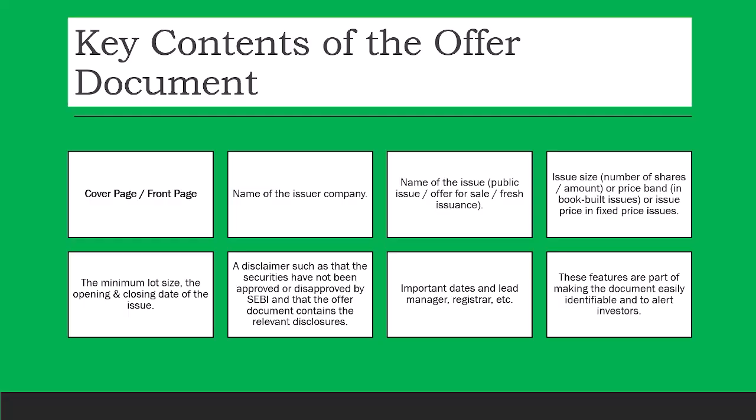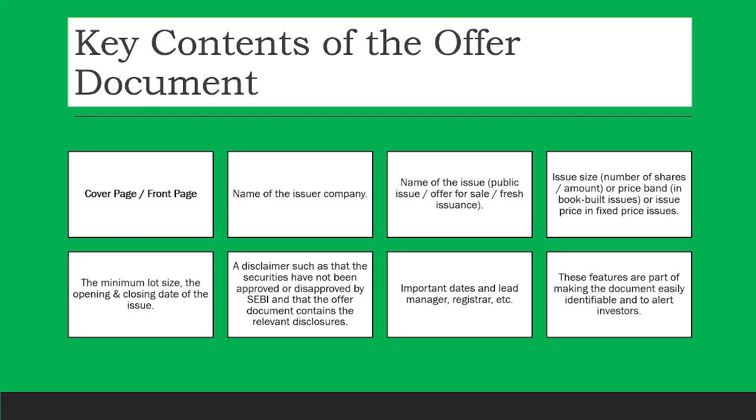Whenever a company issues a price in advance without a price band, in this case only the profitable companies who meet the financial criteria can fix the price immediately. But the companies which are not profitable, who have not met the criteria of the regulations, are allowed only through book built issues.